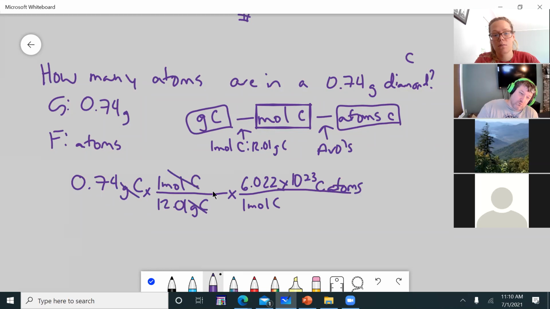Grams cancel and moles cancel. You should be left with just carbon atoms. You get 3.7 times 10 to the 22nd carbon atoms.